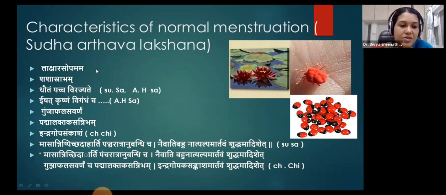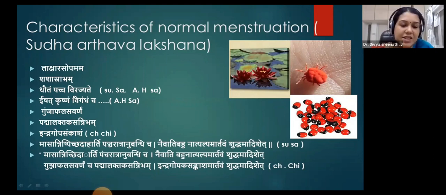Another reference is also there: the color similar to Laksharasa or Shashasrabham. Shashasrabham means the color of the blood of a rabbit. So you have to write this sloka and you can write these terms: Laksharasa, Shashasrabham.